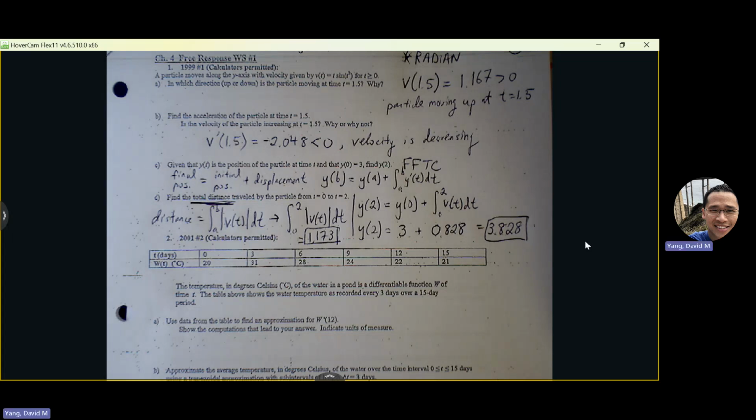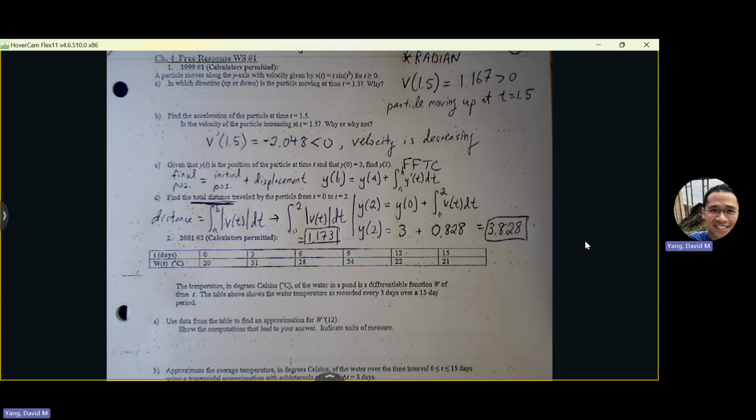So with just this one problem, we're able to see the new calculator skills that you may not have seen in the past. A lot of the other ones that we're going to use are ones that you saw in AP Pre-Calc, which is graphing and finding intersections and finding x-intercepts.